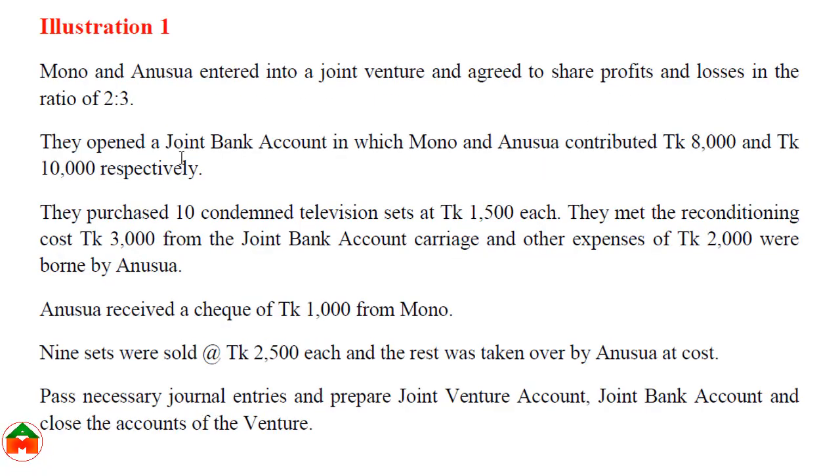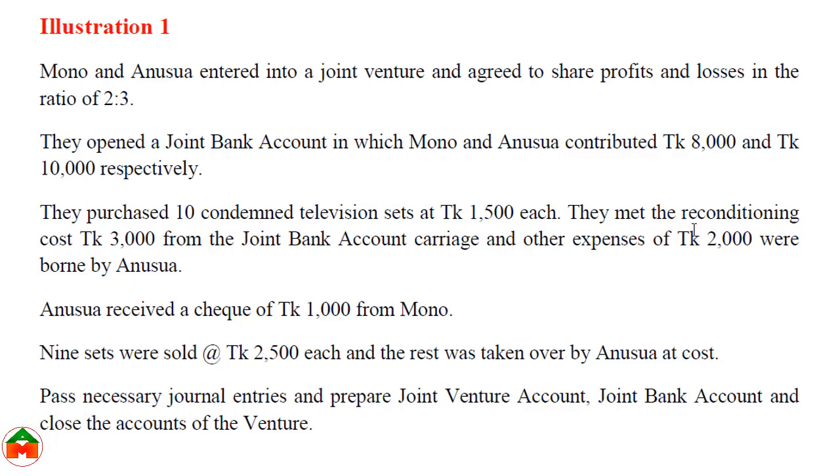They opened a joint bank account in which Mono and Anusha contributed Taka 8,000 and Taka 10,000 respectively. They purchased 10 condemned television sets at the rate of Taka 1,500 each. That means at the rate of Taka 1,500 they have purchased 10 televisions.